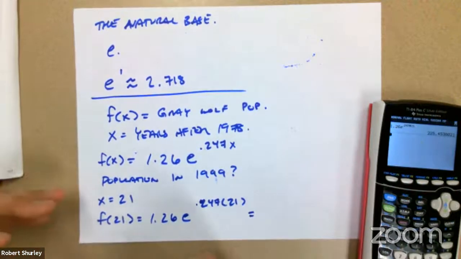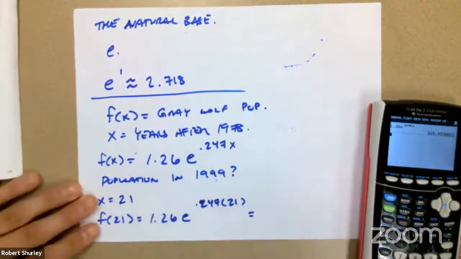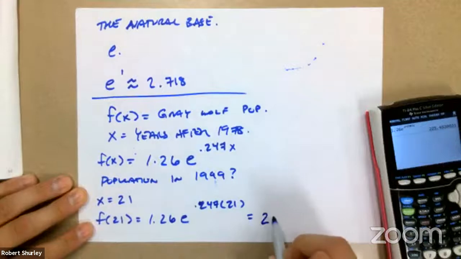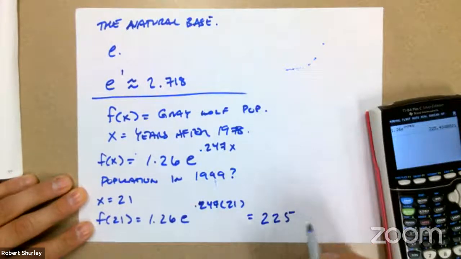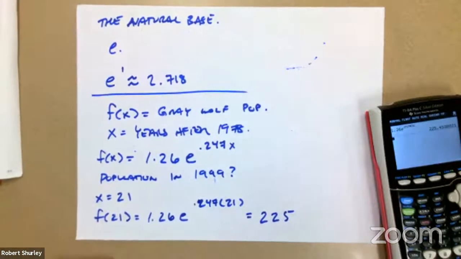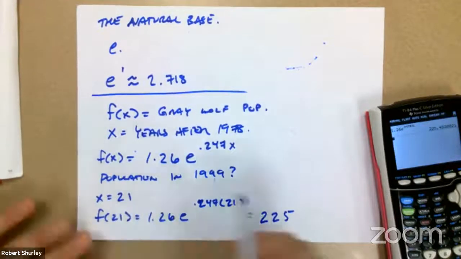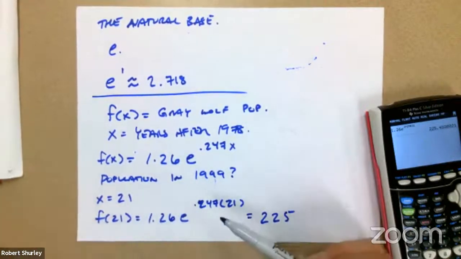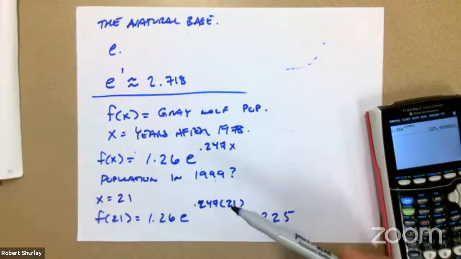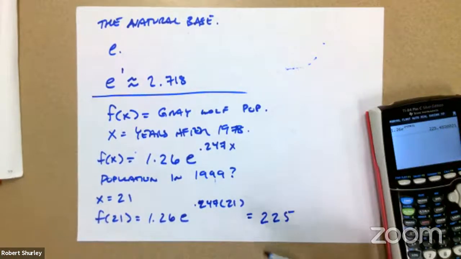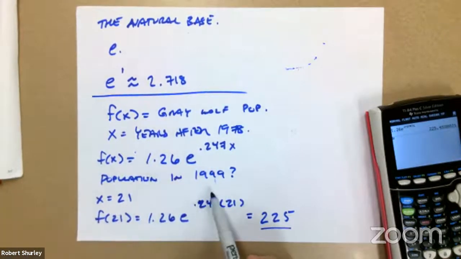Now look, we're not going to round up. We'll always round down because we can't have half a wolf or 3/4 of a wolf. So we're just going to round it to the nearest whole wolf. Okay. So this model says, look, we're predicting that there will be 225 gray wolves in the northern Rockies in 1999.